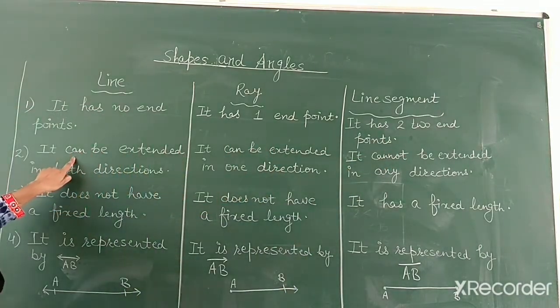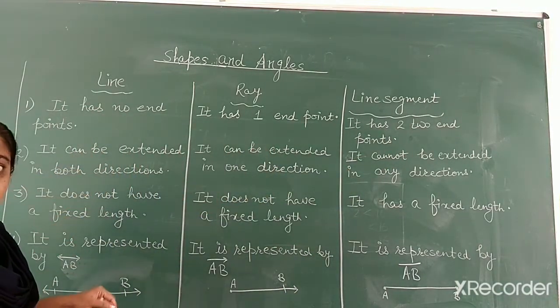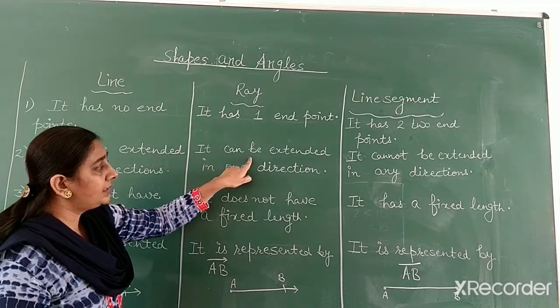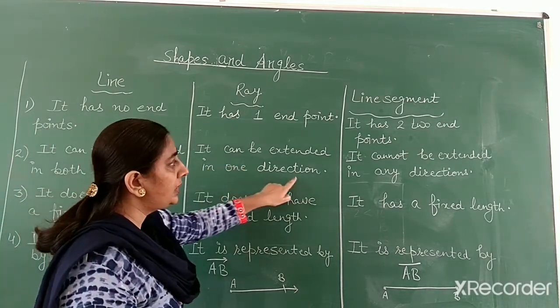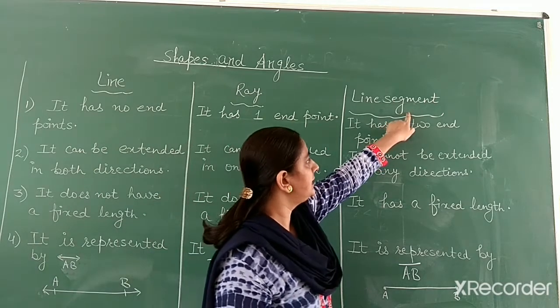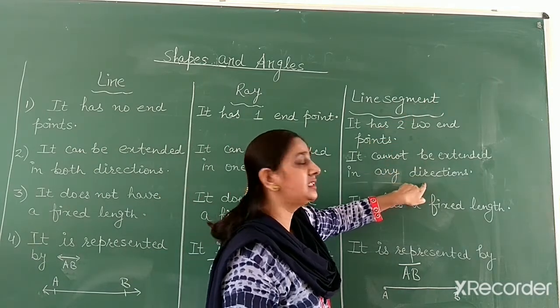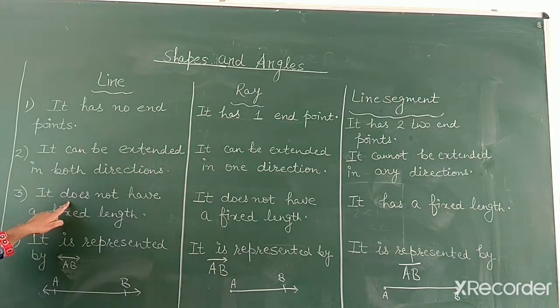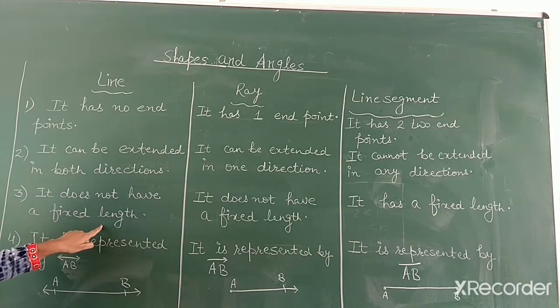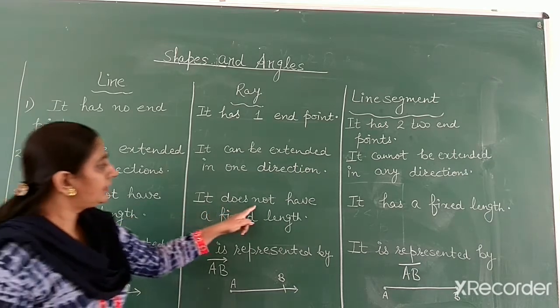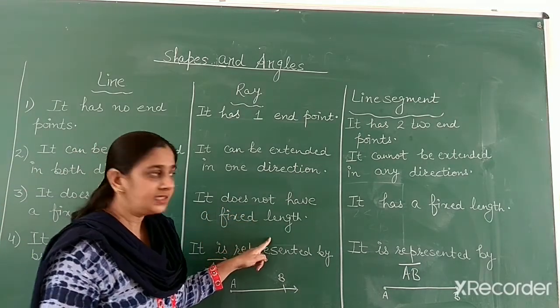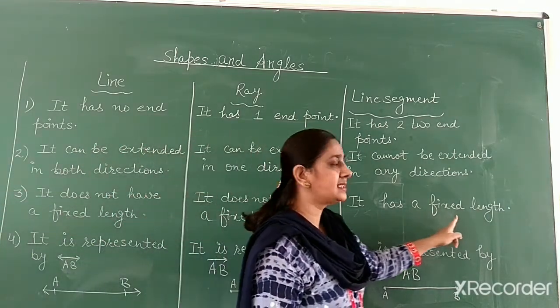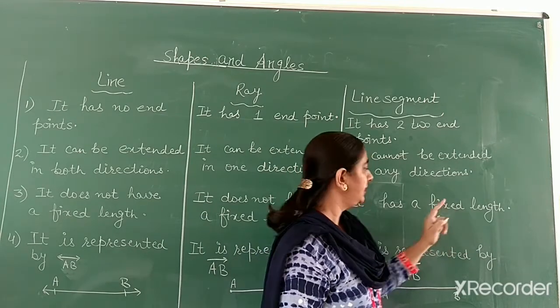Now second point, a line can be extended in both the directions, while a ray can be extended in only one direction. And a line segment cannot be extended in any direction. Now third point, a line does not have a fixed length. A ray also does not have a fixed length, while the line segment has a fixed length.